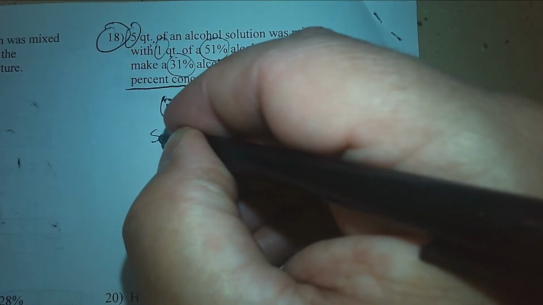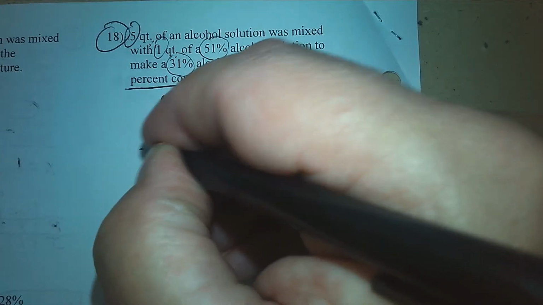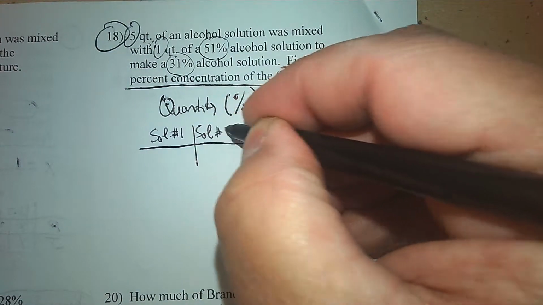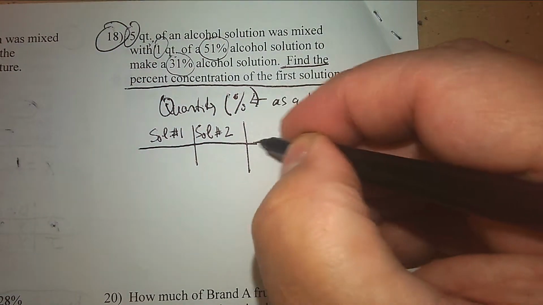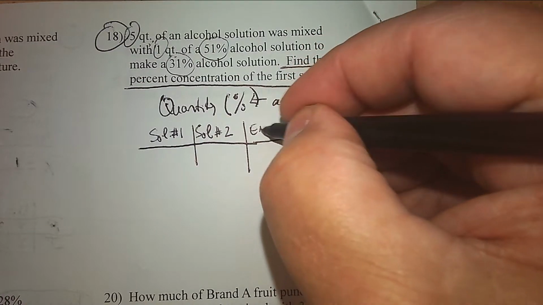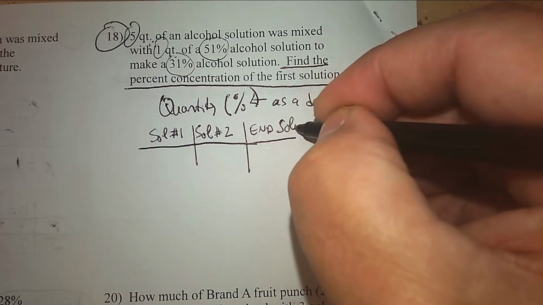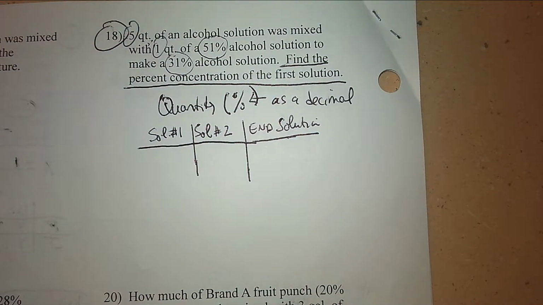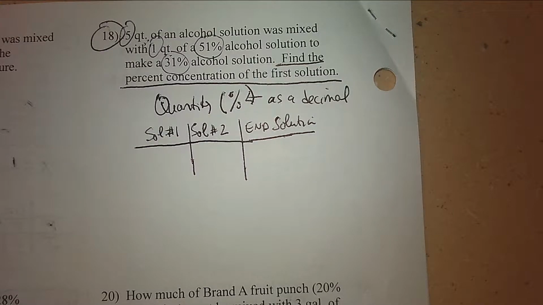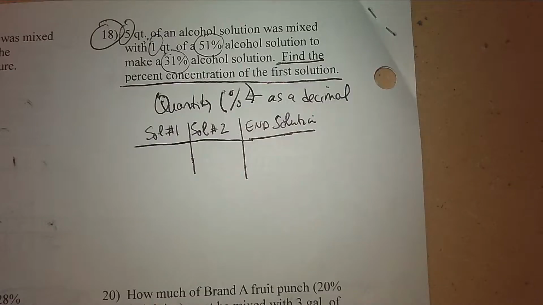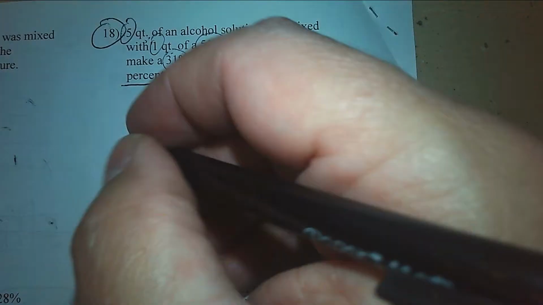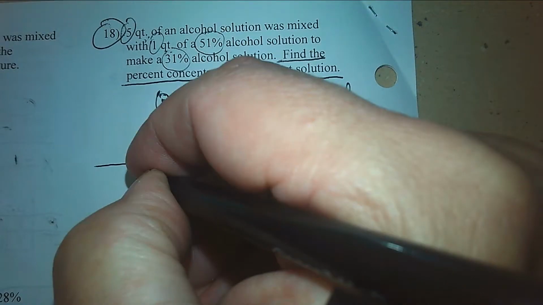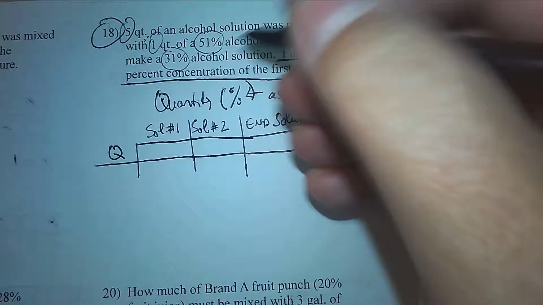Solution number 1, solution number 2, and then the end solution. The 2 things that we're looking at are the quantity, how much we have of it, which in this case is in quarts, and the percent in terms of the solution.